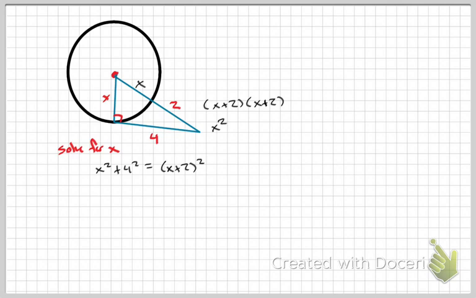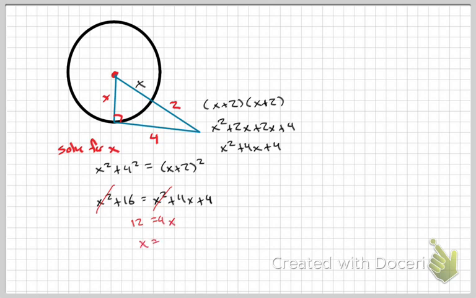That becomes x squared plus 2x plus 2x plus 4. So x squared plus 4x plus 4. So I have x squared plus 16 equals x squared plus 4x plus 4. The x squareds go away. Subtract the 4 to the left. 12 equals 4x. x equals 3.